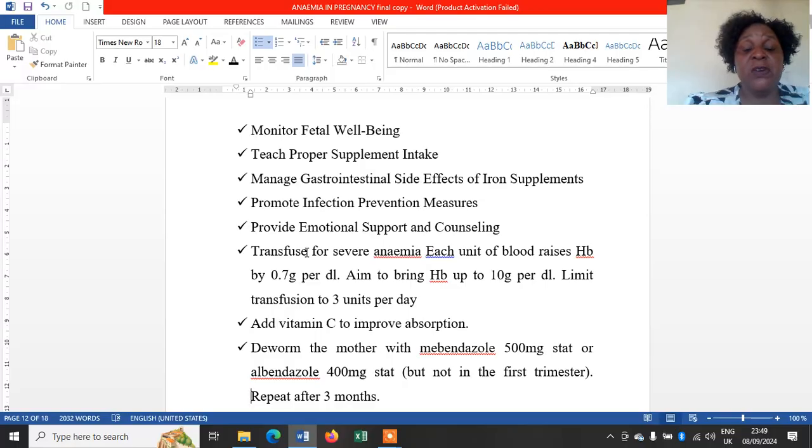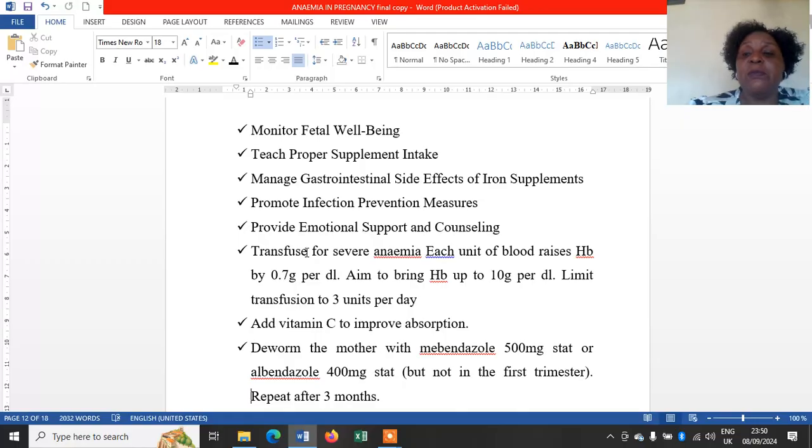Promote infection prevention measures. This is done preferably by government, by issuing the insecticide-treated nets, basically to prevent malaria in pregnant mothers, and other infections that may lead to blood loss.